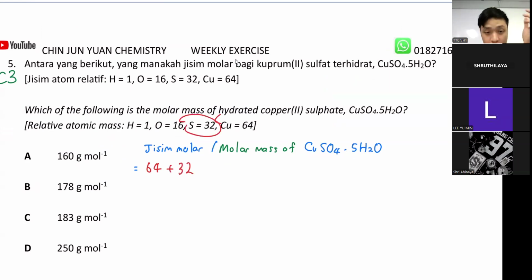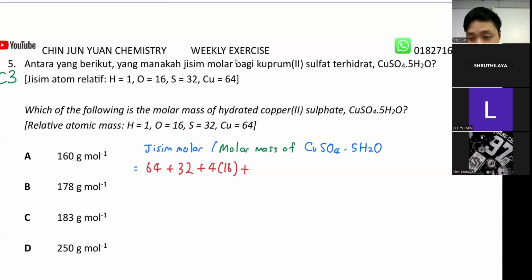All they give already here. 1 copper, 1 sulfur, 1 oxygen atom's mass, 1 hydrogen atom's mass, how much? Now you got 4 oxygen. 1 oxygen is 16. So here is plus 4 times 16.